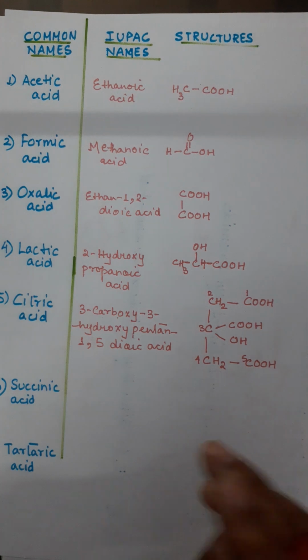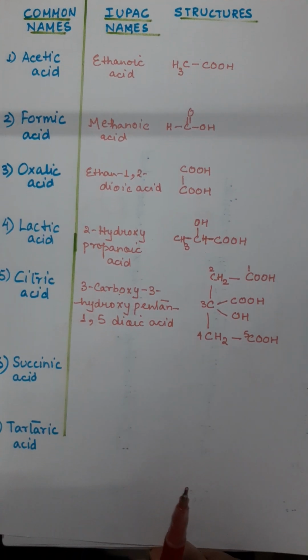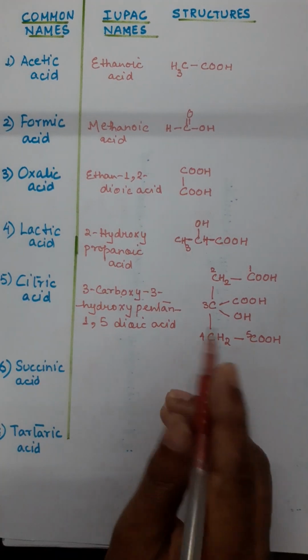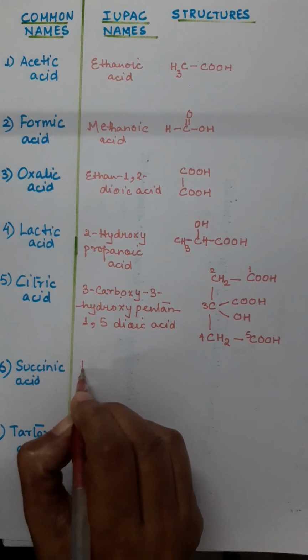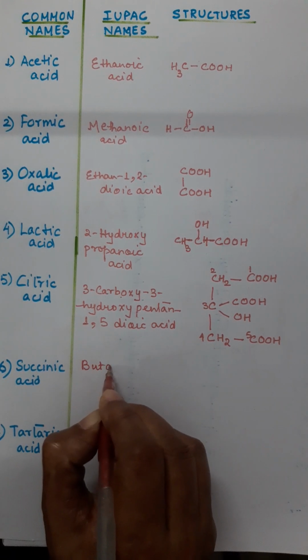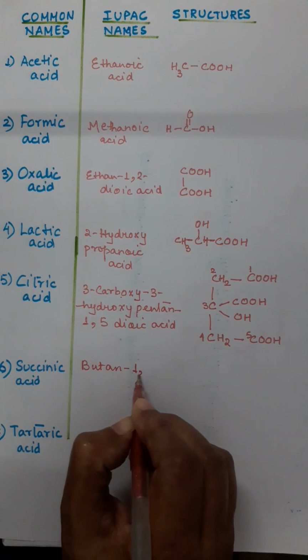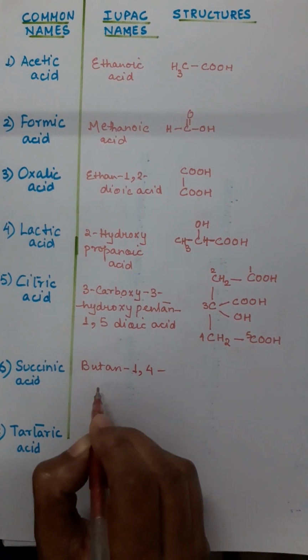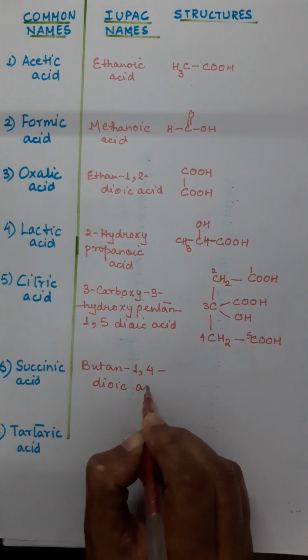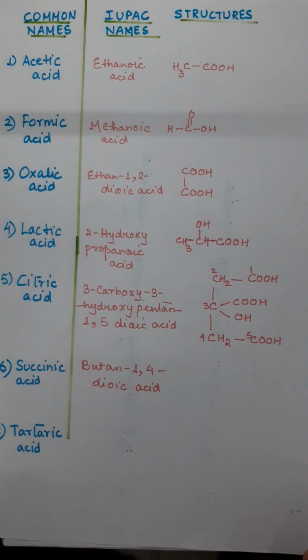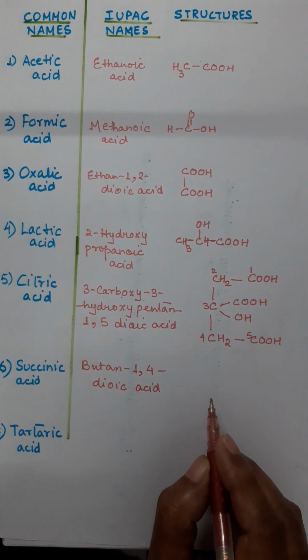Okay. Now next moving on to succinic acid. Succinic acid is butan 1, 4 dioic acid. Okay, butan 1,4 dioic acid.